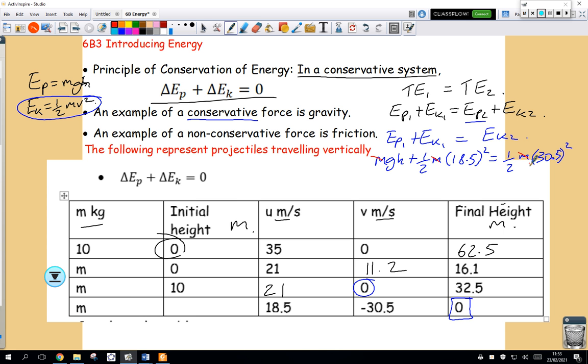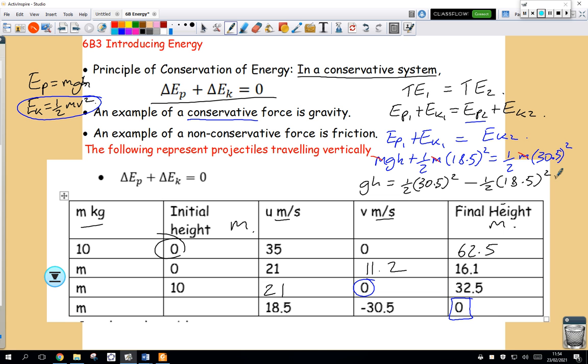I'm trying to find h. So what I'm going to do is gh will be equal to a half of 30.5 squared. I'm going to subtract a half of 18.5 squared from both sides.